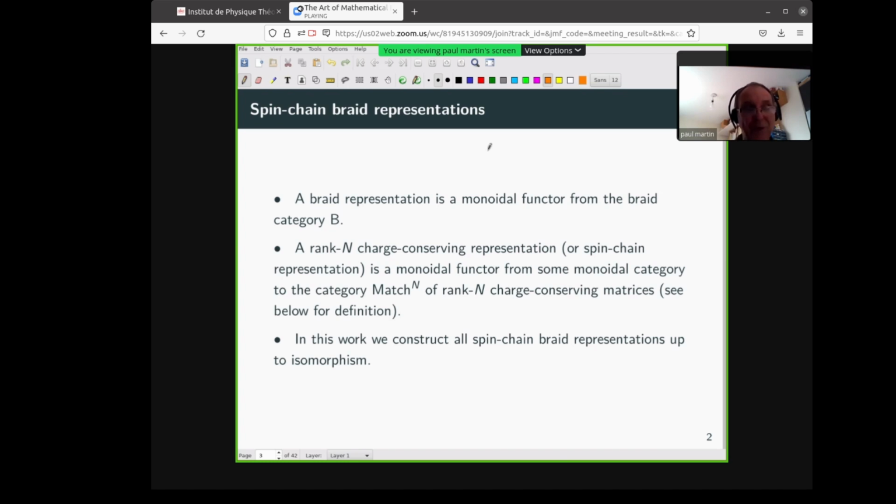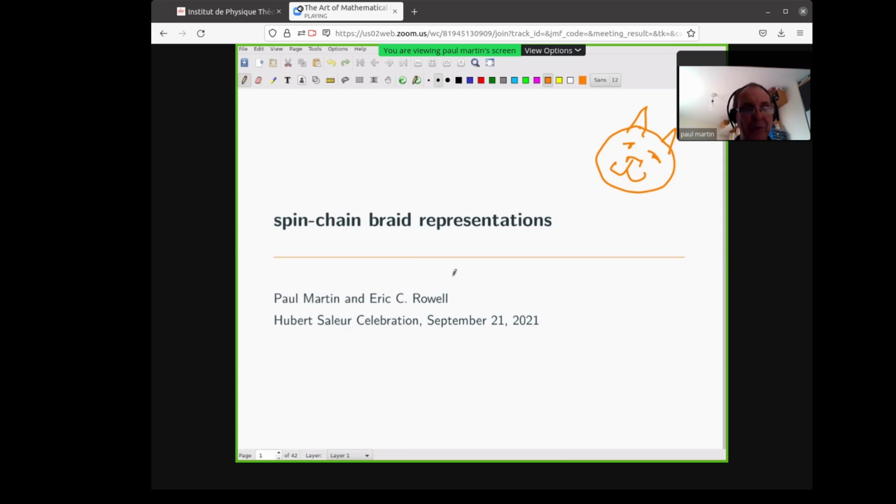Having explained those two components of the title, in the work itself we construct all spin chain representations up to isomorphism. I should drop back and say this is joint work with Eric Rowell, Texas A&M.